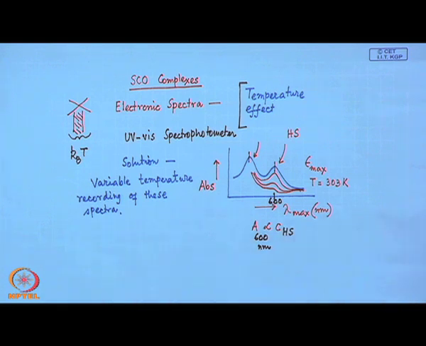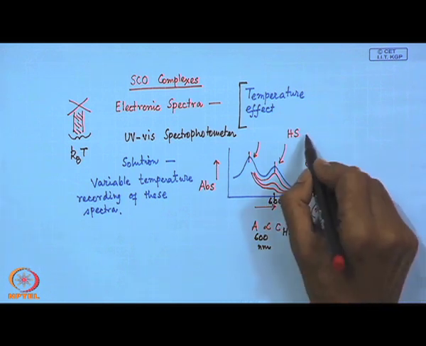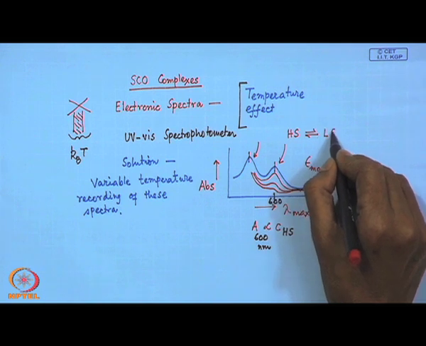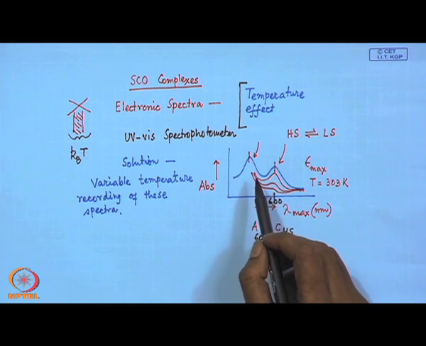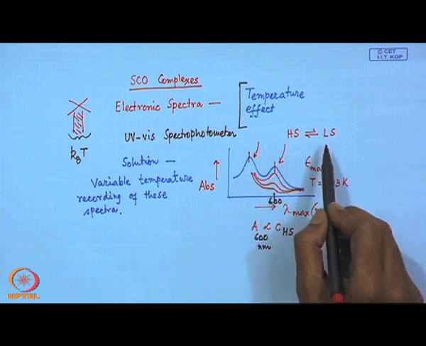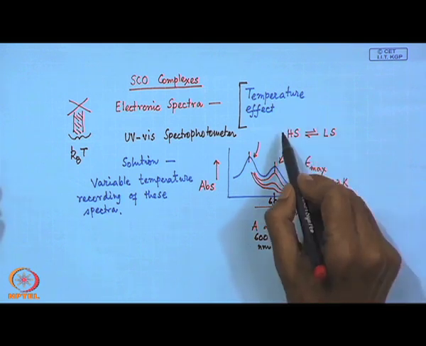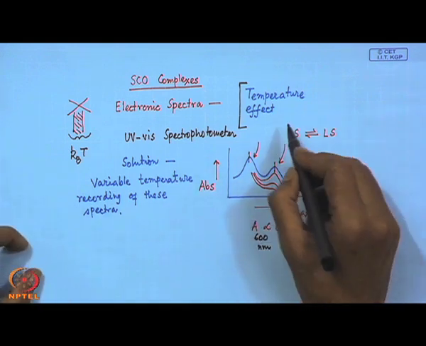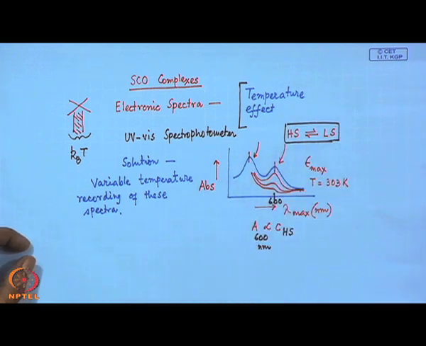When the concentration of high spin is decreasing, since these high spin molecules are in equilibrium with low spin, the low spin concentration increases at the expense of the decreasing high spin concentration, because the total concentration of these two spin states is constant at any particular time.